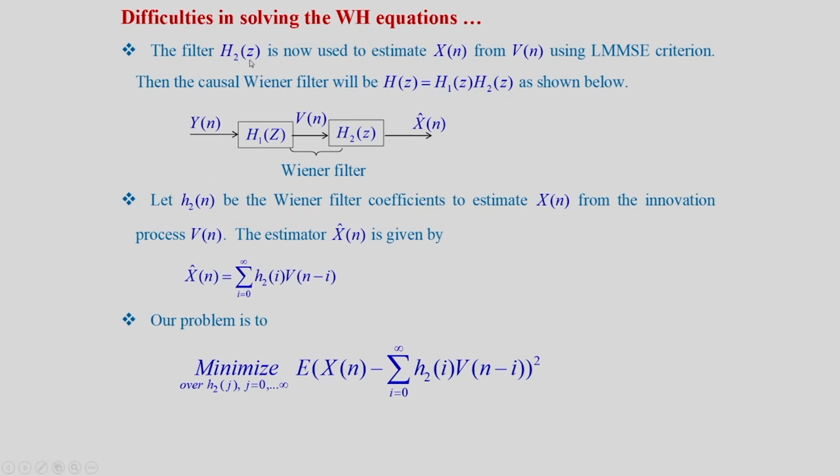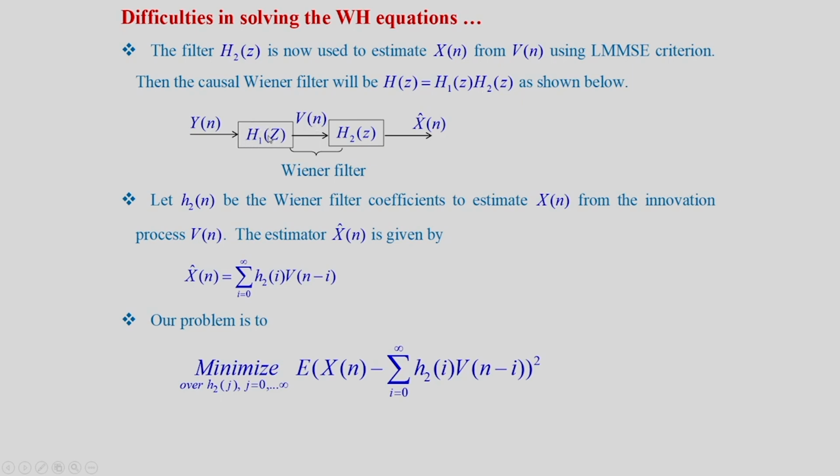The filter H2z is now used to estimate x hat from Vn using the linear minimum mean square error criterion.